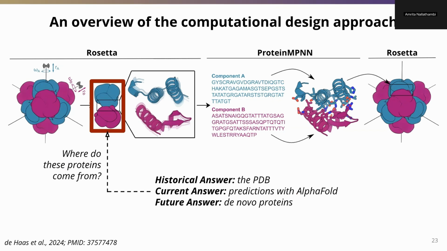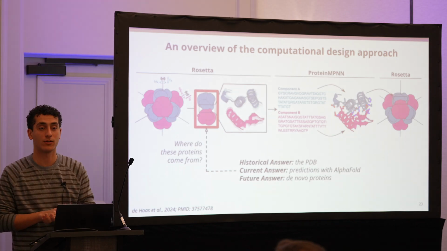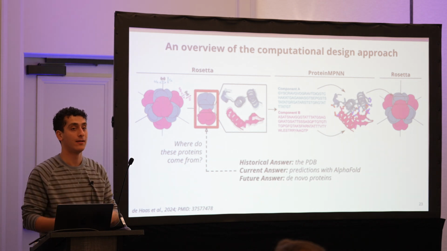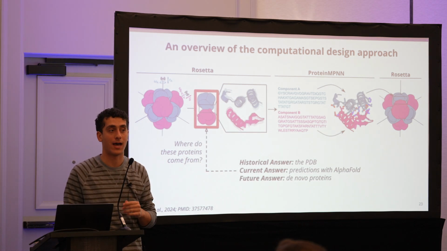And so that is something that we've recently done and should be published soon. And then the most current future direction is, well, we don't actually need anything from nature. We can just design components de novo and make these symmetric oligomers that Amrita just had referred to. We can just do that and move forward with that from there.